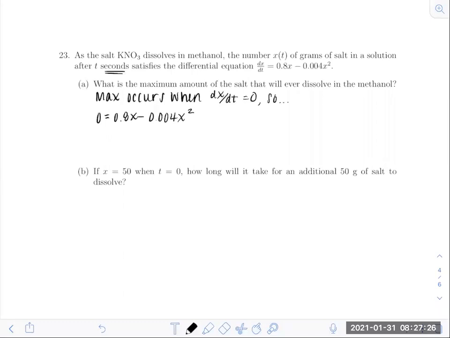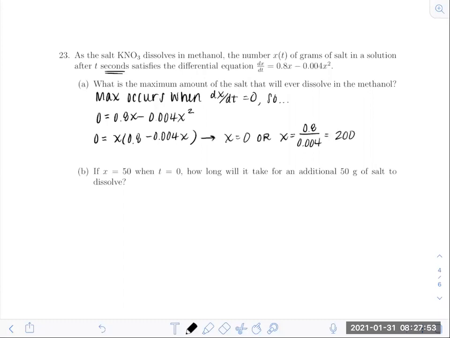And then if I factor out an X, that leaves me with 0.8 minus 0.004x. And then I can set each of those factors equal to 0. So I get 0 and 0.8 over 0.004, which comes out to 200.